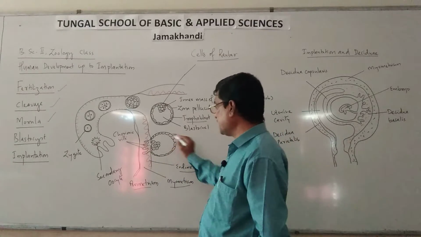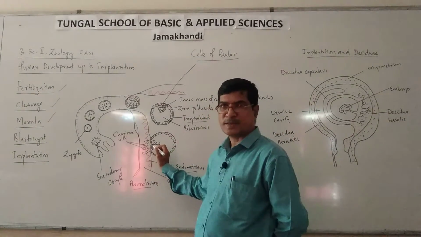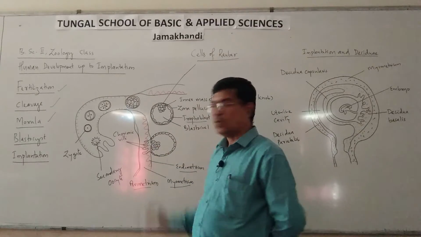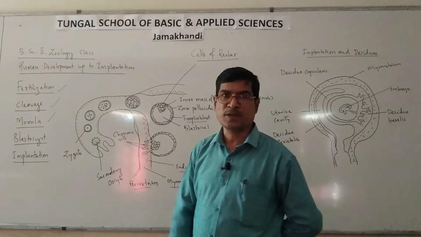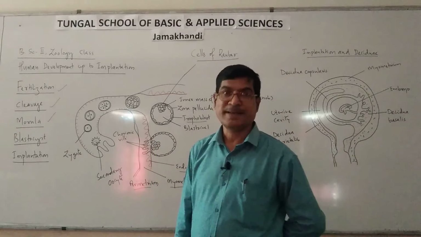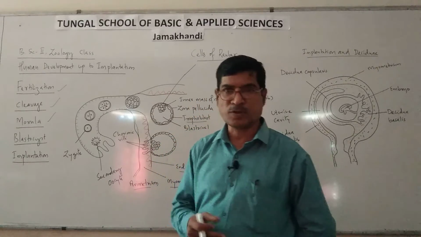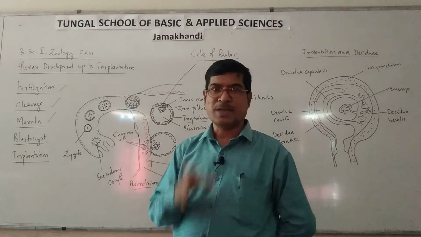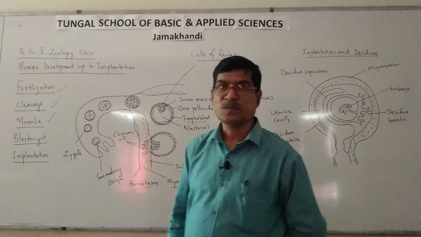Now the blastocyst attaches to the wall of the uterus, that is, the endometrium. This attachment of the blastocyst to the wall of the uterus is known as implantation. Implantation is a process wherein the blastocyst attaches to the wall of the uterus.